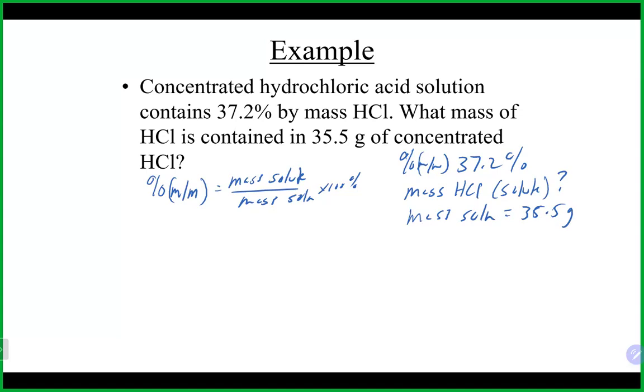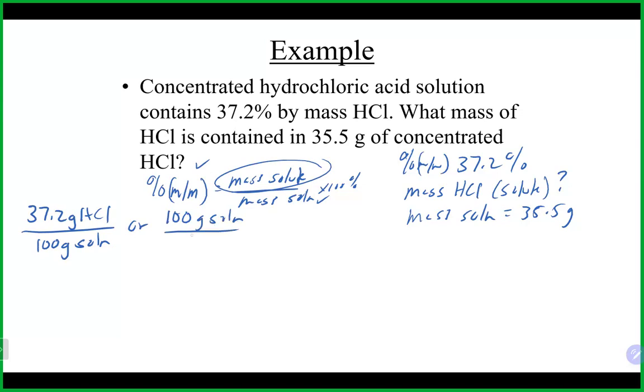I again could just plug it into this equation and solve for what I need, but I'm going to take more of a dimensional analysis approach to this calculation. So that 37.2 means I have 37.2 grams of HCl in 100 grams of solution, or in 100 grams of solution, I have 37.2 grams of HCl.